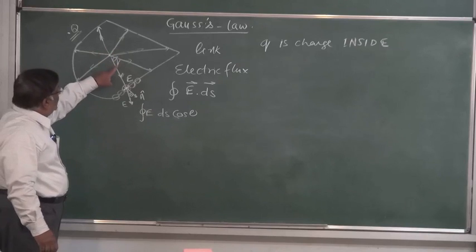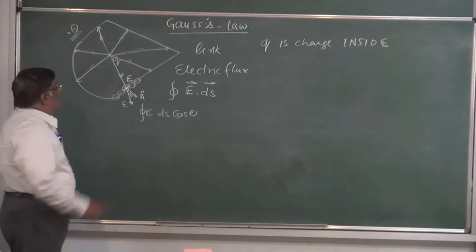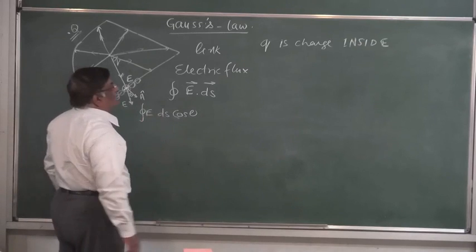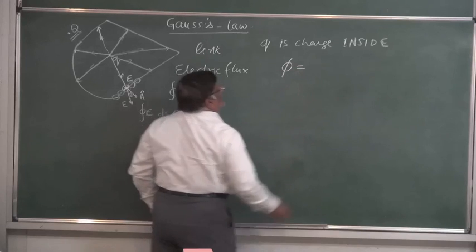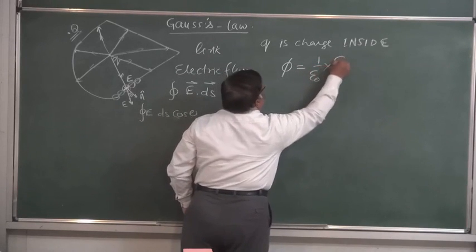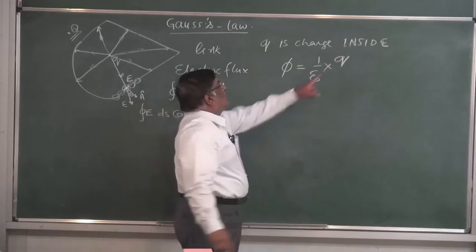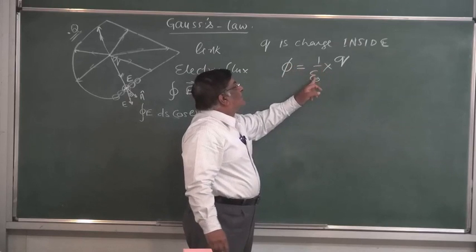It is the effect of only the Q which is inside that will be effective, and the total flux linked with the closed surface is 1 upon epsilon naught times the charge. More is the charge, more is the flux. And what is the constant between them?